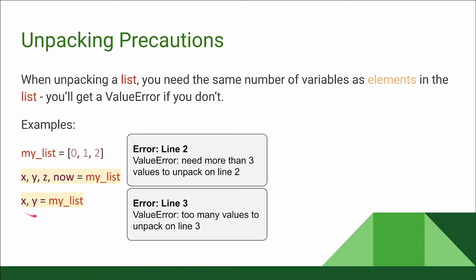If I have too many values in my list, and I'm trying to unpack into fewer variables than I have values, I will get the value error, too many values to unpack. So I have too much stuff to put into that many variables. You need to make sure you're unpacking the same number of elements into the same number of variables.